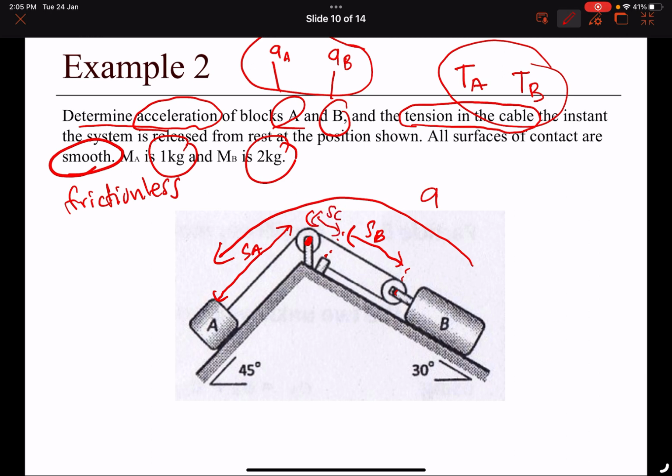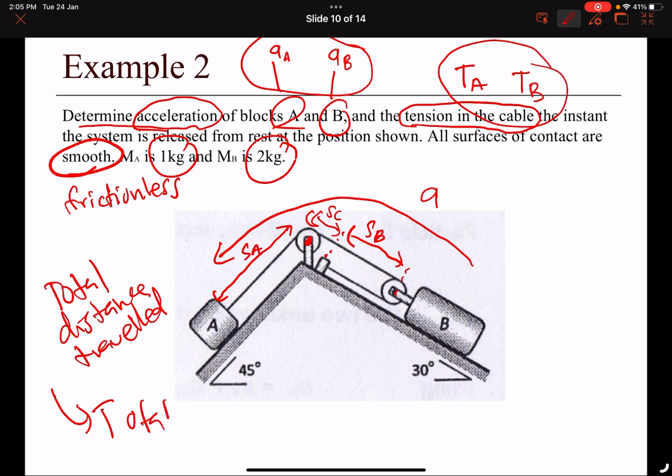So the total length of cable, or if you still remember, the total distance travelled, just similar in this case to the total cable. So we have the total cable here, this one which is SA, this one which is SC, I put number 2, this one should be SB, same, SB, or number 3.